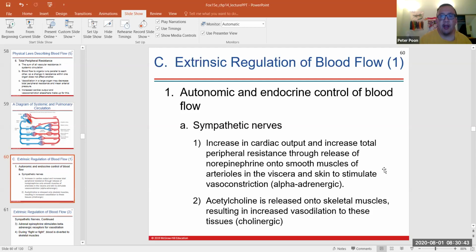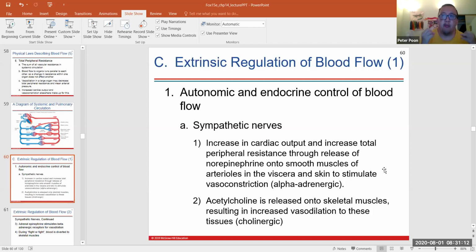Automatic control of blood flow. The sympathetic nerves obviously increase cardiac output and increase total TPR. I know this sounds backwards, because if you're trying to pump blood everywhere, why do you want to increase total peripheral resistance? Why do you want your arteries to constrict? That seems backwards. But think about it this way.